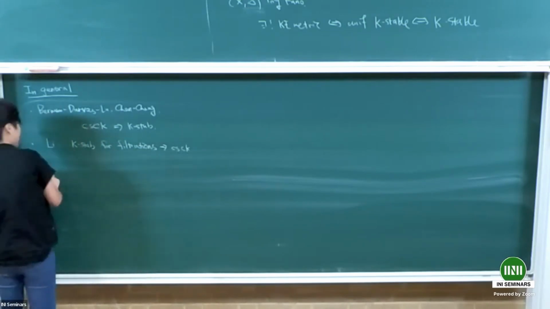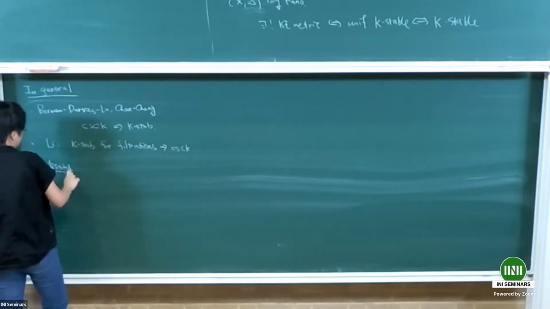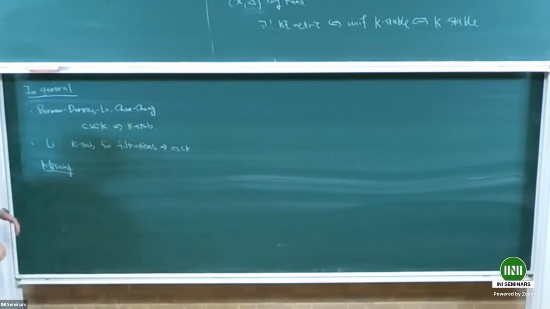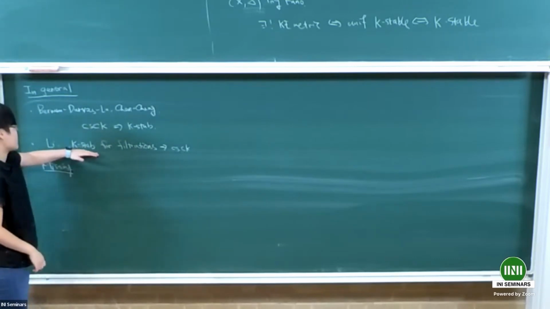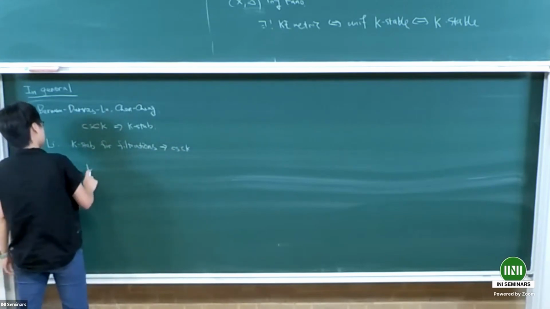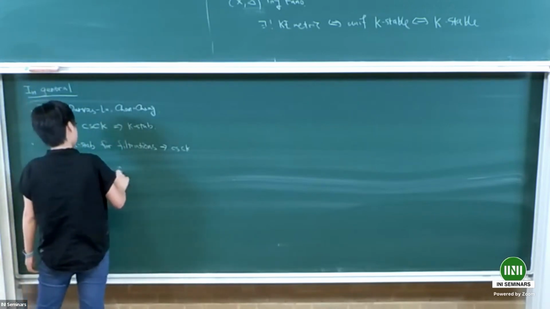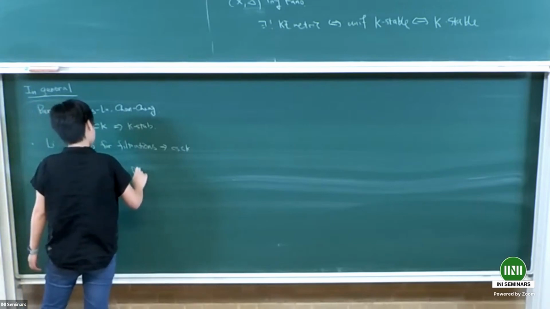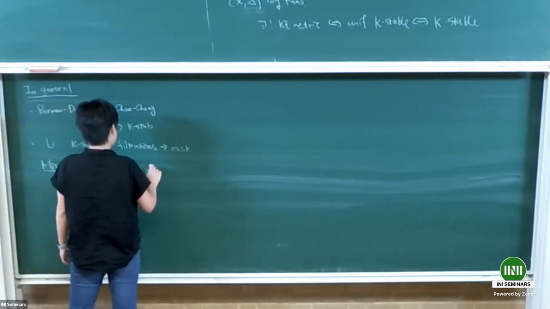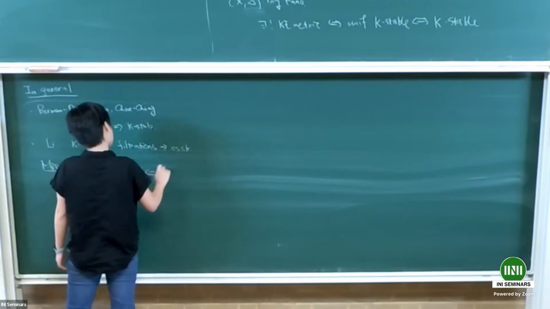And the missing part is a purely algebro-geometric statement saying that this a priori more general K-stability notion is equivalent to the original one using test configurations. So K-stability for filtrations, whether this actually implies, sorry, the other way around.